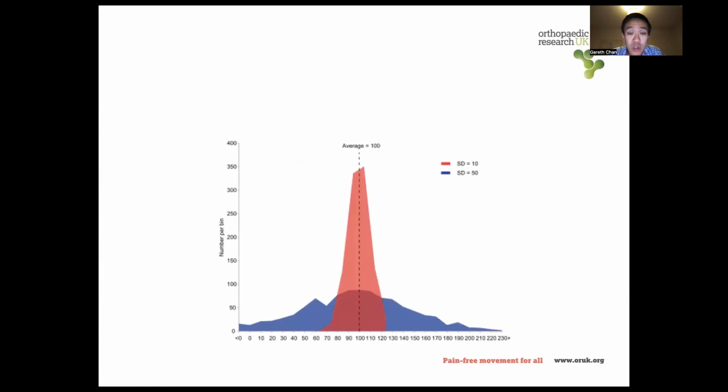When you have low variance or a low standard deviation, the red data, we know your data is pooled around a tight average, and we can be more confident that our measurements truly reflect the population we are studying. You've got to remember, every study is a study on a snapshot sample of the population of interest. We don't measure the whole population.